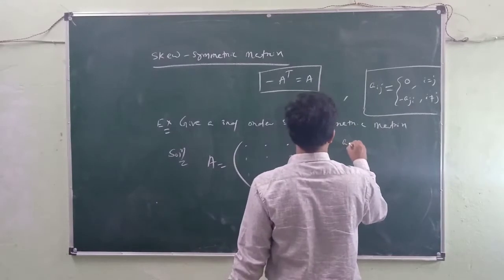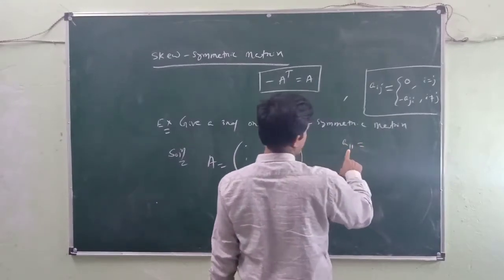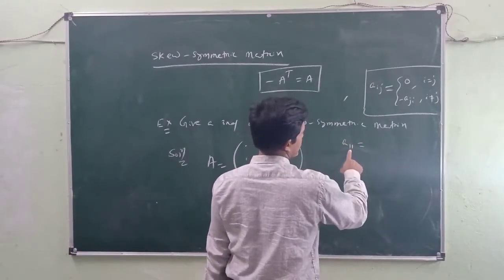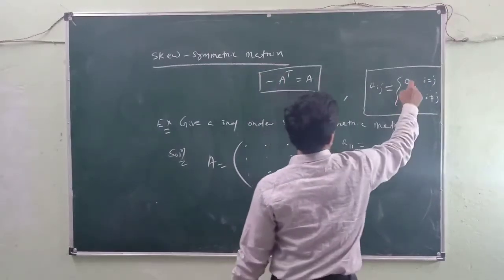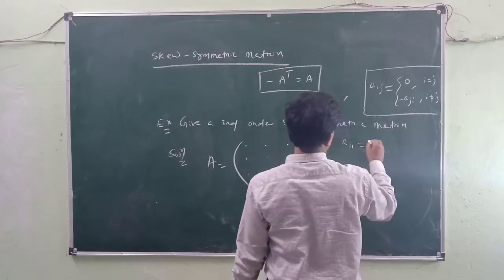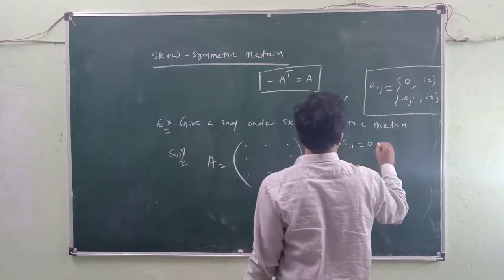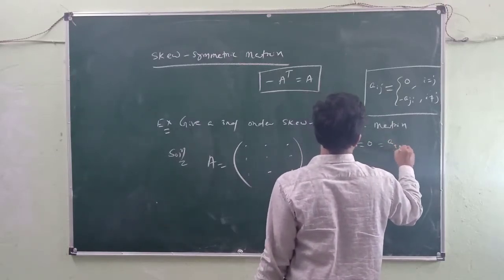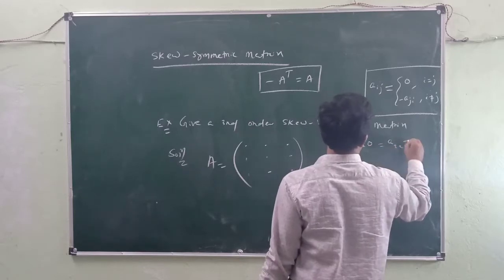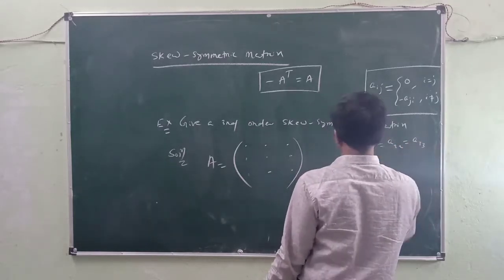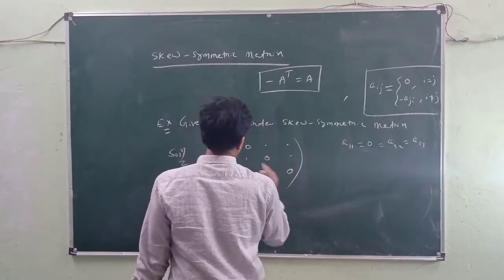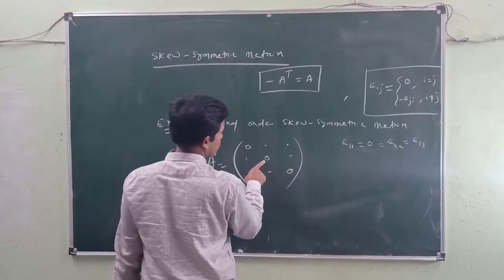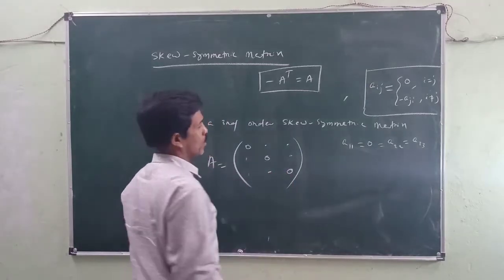For A11, that means I equal to J. If I equal to J, in case of a skew matrix, you put its value 0. Similarly, the value of A22, here I equal to J, is 0, and A33 is also 0. That means you write 0 in the 1, 2, and 3 positions.